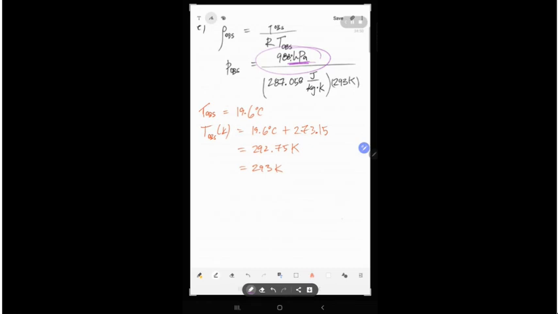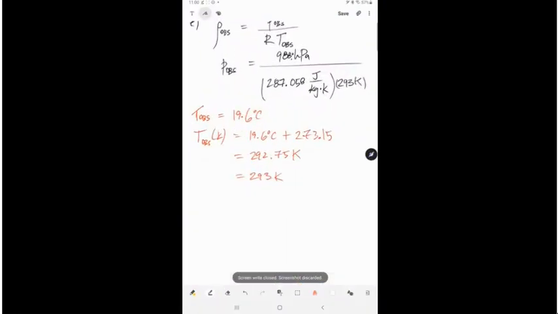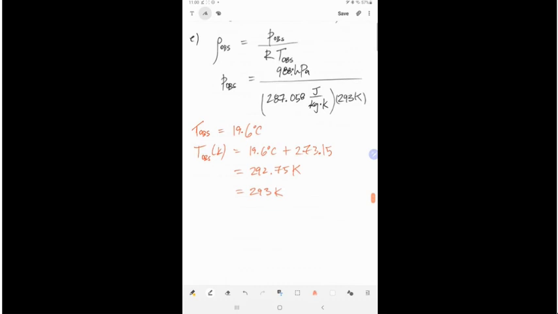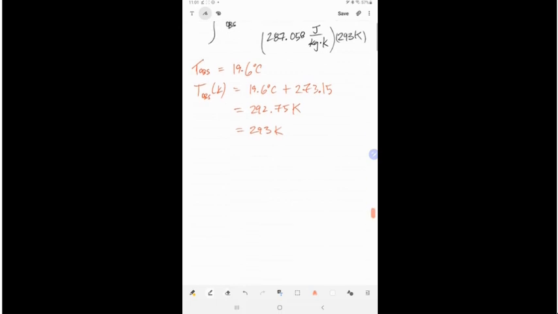Okay, so what we're going to do is rewrite this. Oh geez, I just realized I made another mistake here too. This should have been rho observed here. So carrying along, rho observed is equal to 988.0 hectopascals times 100 pascals for every hectopascal divided by, this is the beauty of having a digital setup, I can erase things.